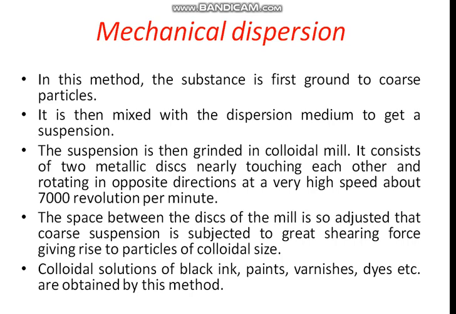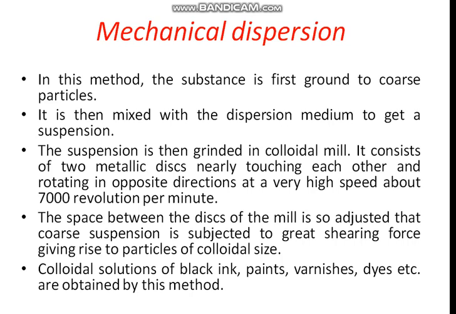The space between the discs of the mill is so adjusted that the coarse suspension is subjected to great shearing force, giving rise to particles of colloidal size. If the space between the two discs of the colloidal mill is large, then the suspension cannot be ground properly.